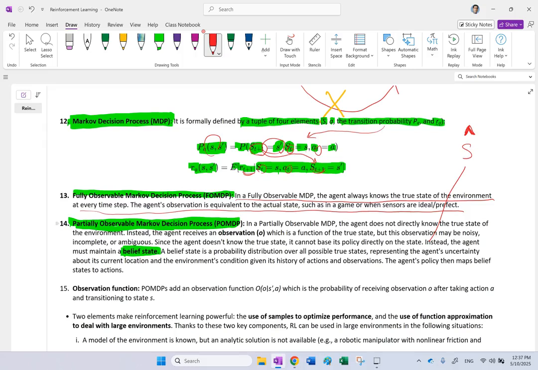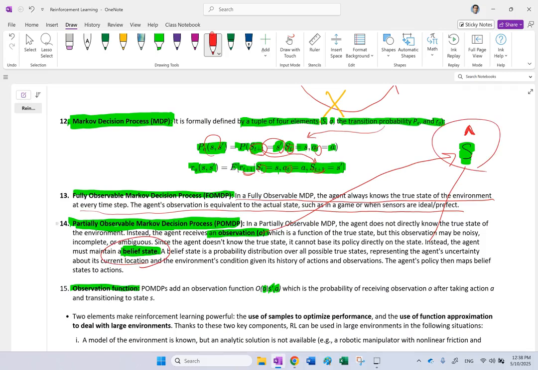And so in this case, you have basically an observation function, which is observing the observation O, given that you are in state S prime and A, or in S hat and taking action A. So you only take an observation, and the observation will lead to a belief state, not the actual state.